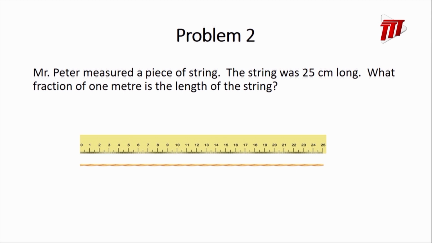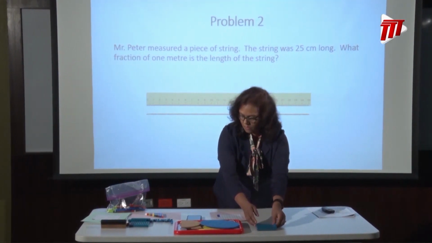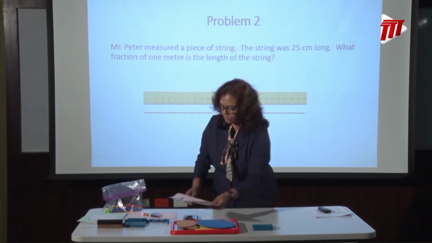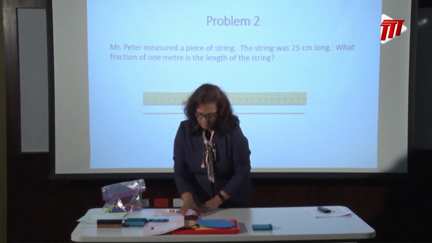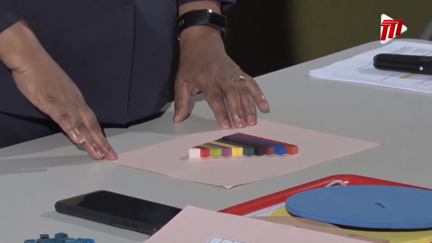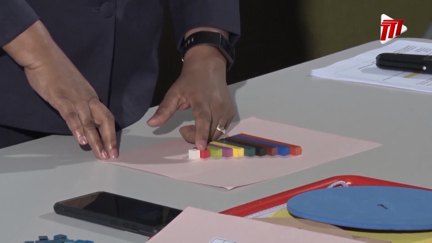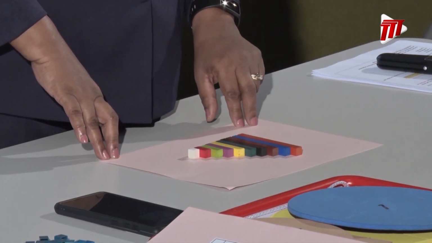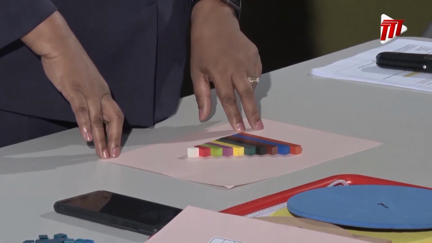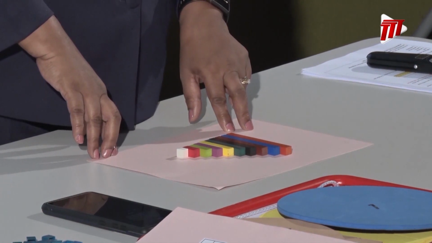So what I'm going to do, I'm going to represent this problem using some bars. The resource I'm using for this is called a set of Cuisenaire rods. And they are available in your schools. They are a set of rods that are colored, and each color represents 1 or more units up to 10 units.